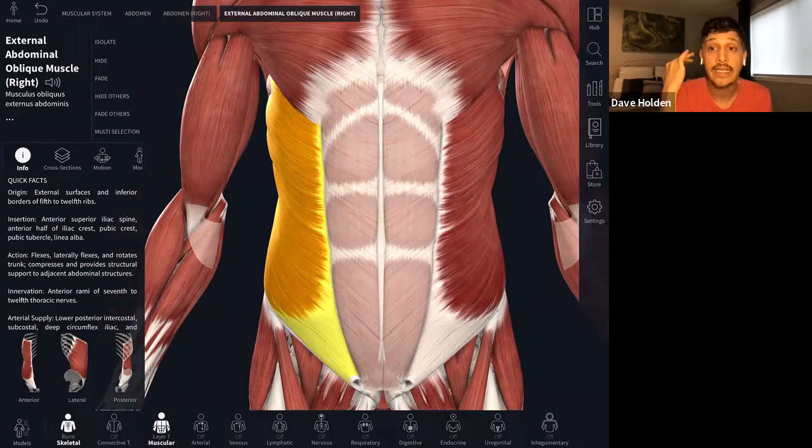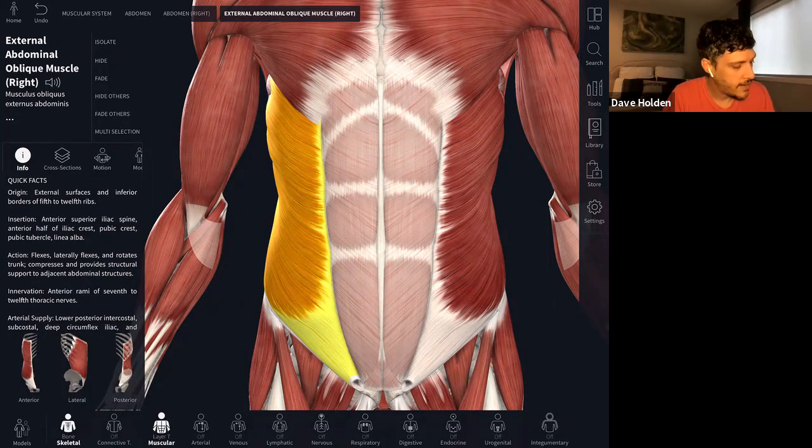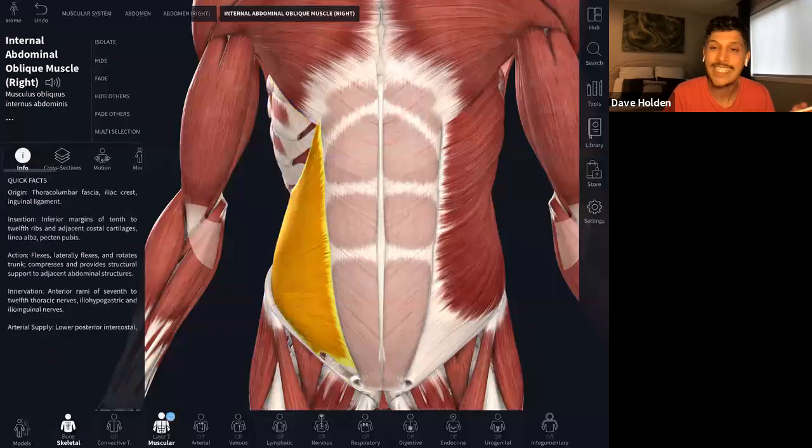So the name oblique is telling you these muscle fibers run at an angle. And we said muscles that go at an angle tend to rotate something. Since these guys are crossing the spine, they are rotating the torso. Next, external is called external because it's on the outside. If we take this one away, the next muscle is the internal oblique.